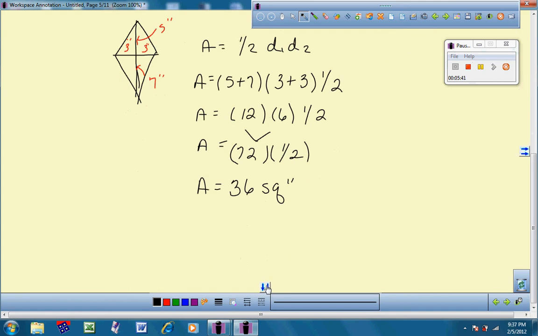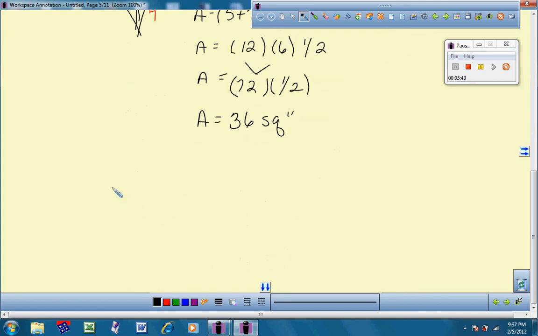Next we're going to take the area of a parallelogram. Let's draw a parallelogram. In a parallelogram, opposite sides are parallel, so let's mark that. You're going to be given a height, and the height will be perpendicular to a base.